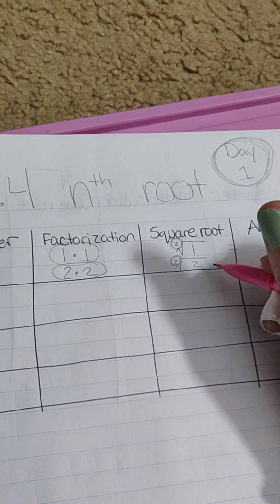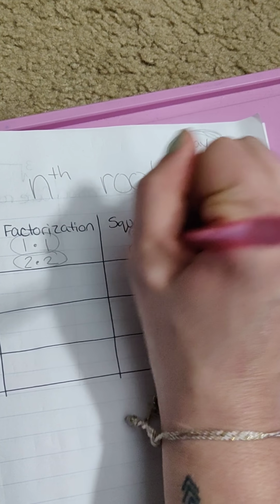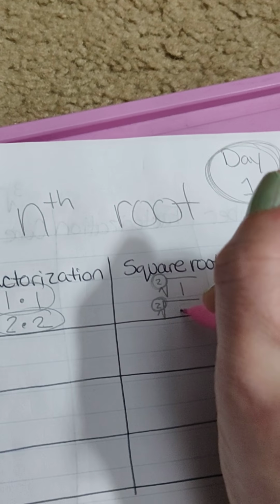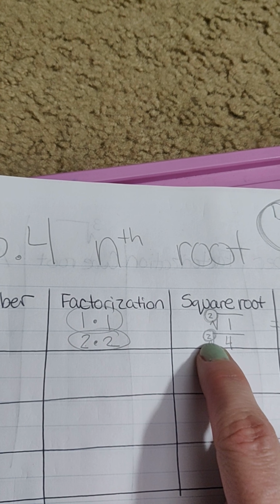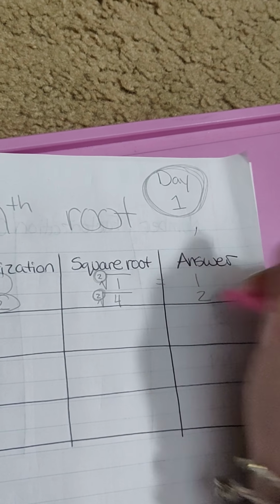The number 2. If I have those two numbers, I've got 2 times 2. 2 times 2 equals 4. What two numbers do I have that are the same? The number 2. So therefore my answer is 2.